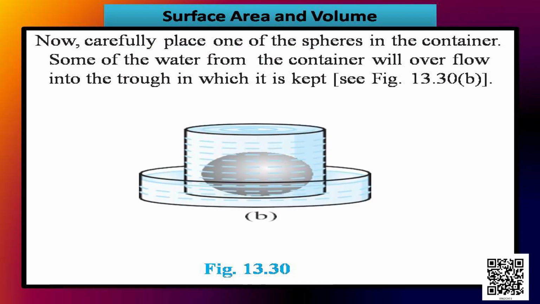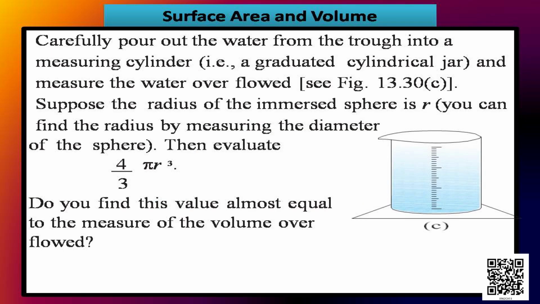Now carefully place one of the spheres in the container. Some of the water from the container will overflow into the trough in which it is kept. You can refer figure 13.30b. Carefully pour out the water from the trough into a measuring cylinder, that means a graduated cylindrical jar, and measure the water overflowed.